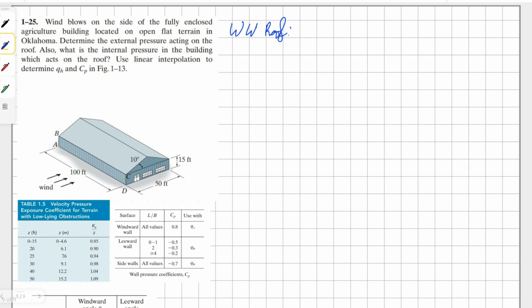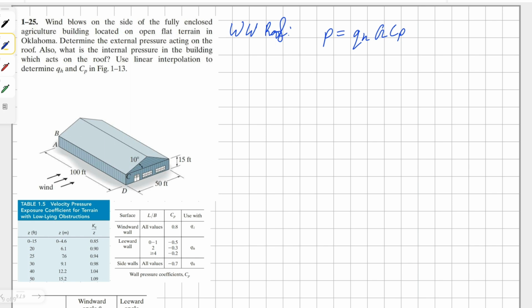velocity pressure. The reason I'm saying it is because to calculate the external pressure on the windward side of the roof, we have to use our formula: wind velocity pressure with respect to mean height times our gust effect factor times our roof pressure coefficient.